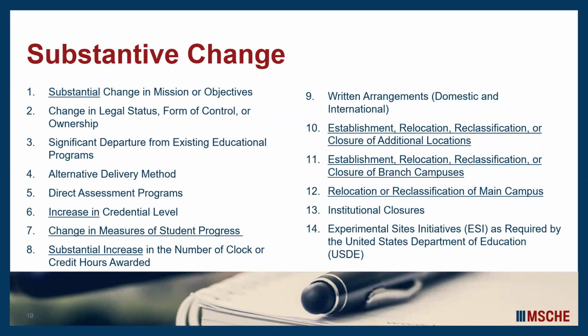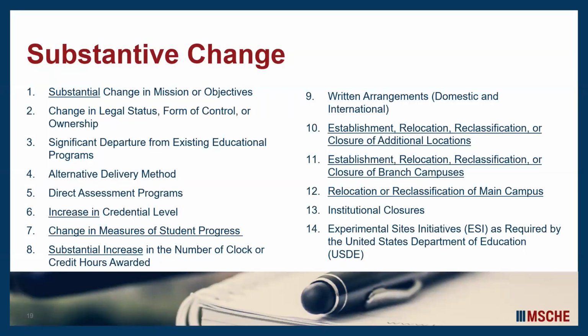Number 3 is the significant departure for adding a graduate program, and number 6 is about the increase in credential level. So people are seeing these as synonymous. For example, if the institution is adding a master's program for the first time, which category would it be, 3 or 6, that the institution would submit that substantive change under? So maybe a little more flushing out of that.